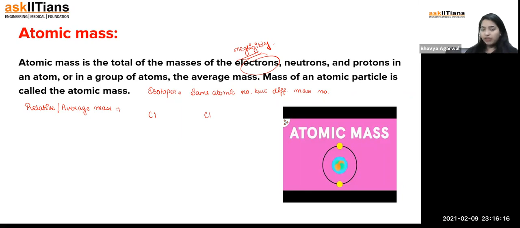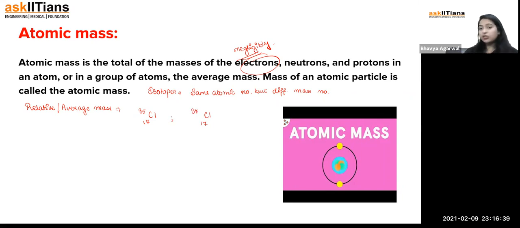Chlorine will have the same atomic number, which is 17, but different mass numbers. So you get chlorine with two isotopes, one with a mass number of 35 and another with a mass number of 37.